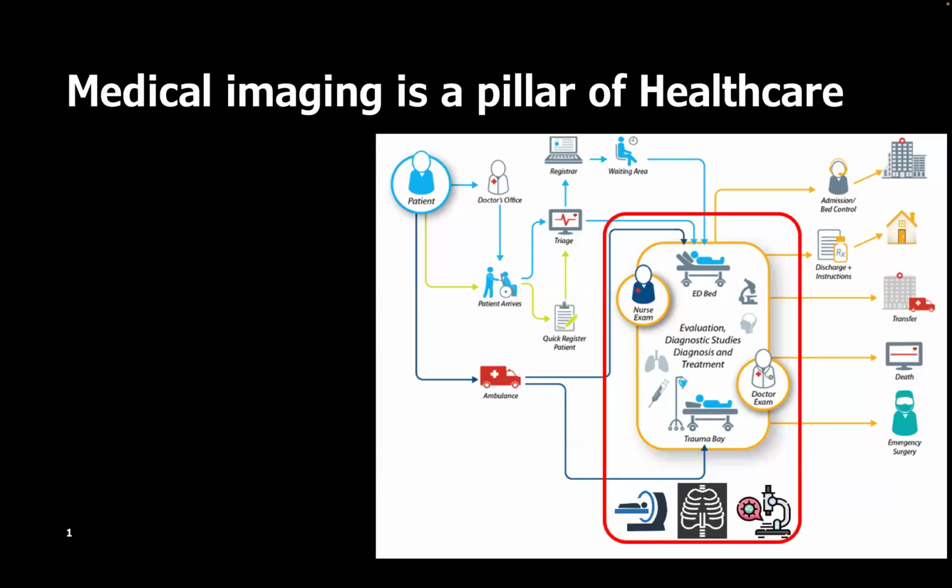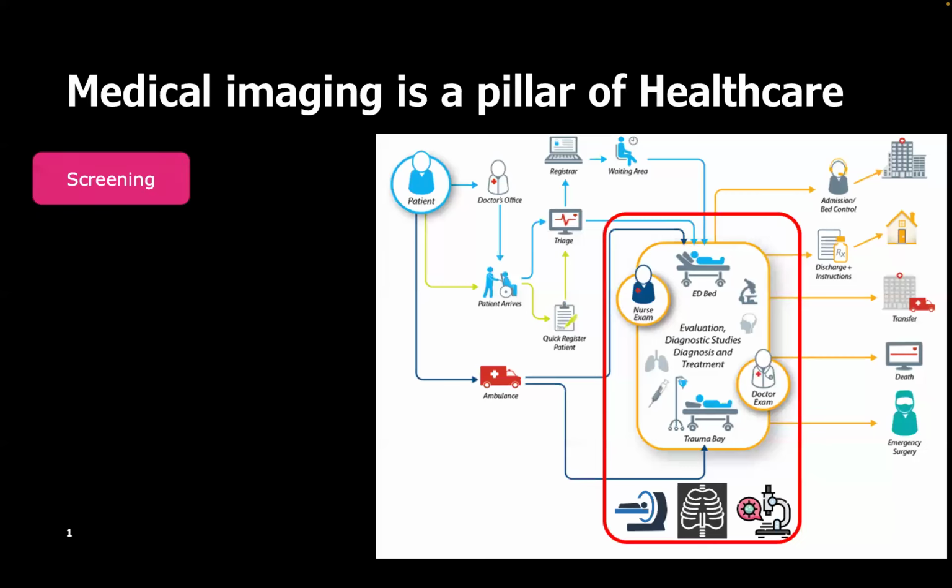So medical imaging today is very important in medicine because whenever a patient goes into a hospital or a healthcare facility, they are probably going to have an image of their body taken, or even a blood sample, or a histopathology slide from a biopsy.